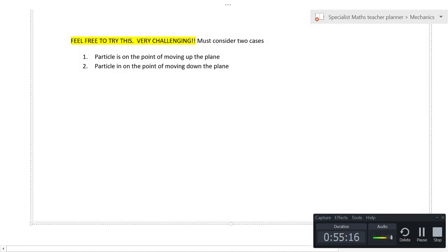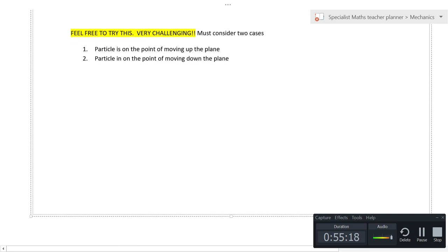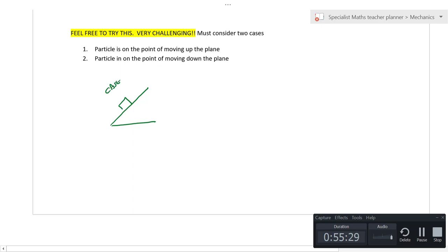Basically what you need to do is consider two cases. Case one, the particle is moving up the plane. If the direction of motion is that way, then the only thing that changes is that your friction is opposing the motion and nothing else changes.